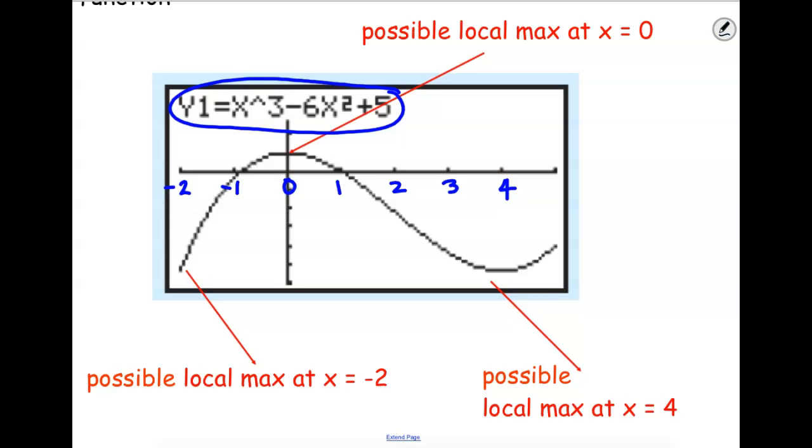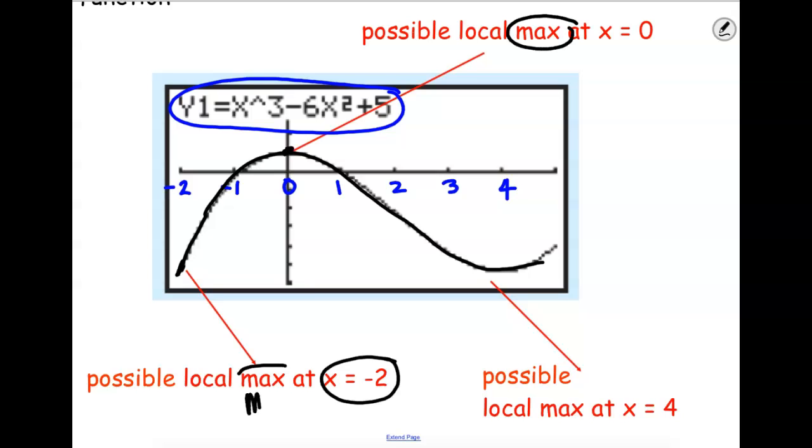And then this curve is increasing, changes direction, decreases. So the local, I should say minimum here, is at -2, and then it increases to the local maximum.